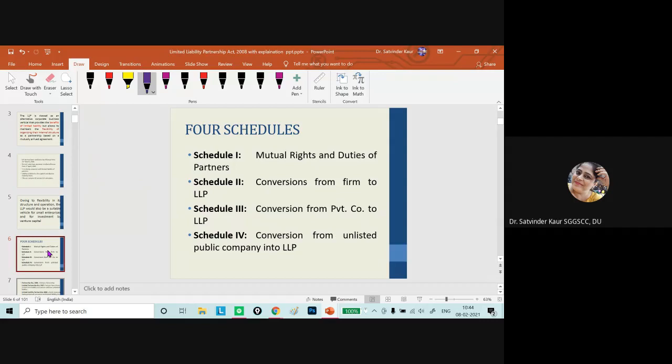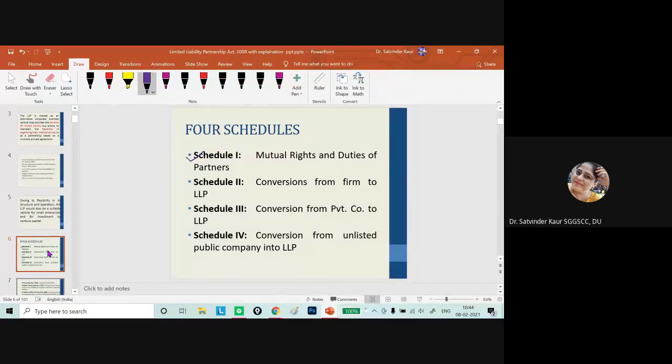If we talk about the 4 schedules of the LLP, Schedule 1 talks about the mutual rights and duties of partners. As we say, in case of a partnership firm, if the terms and conditions are not decided, then Table A will give us the rights and liabilities in the situation. And if we talk about the body corporate, again there are certain rules given.